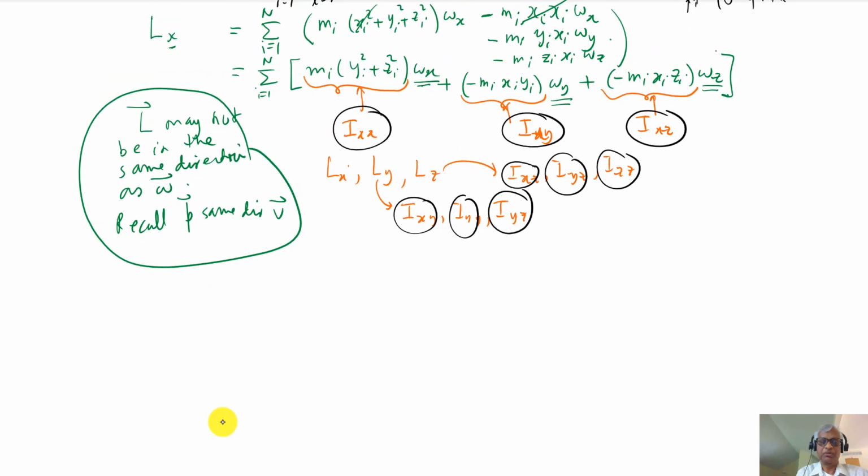We would like to deal with simpler cases, so we deal with what is called the principal axis.